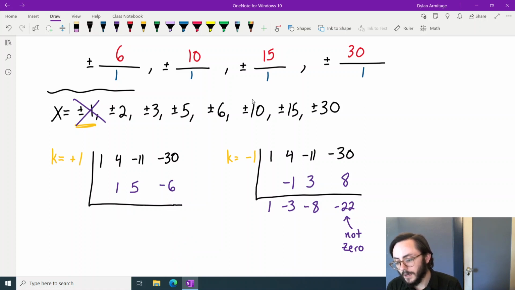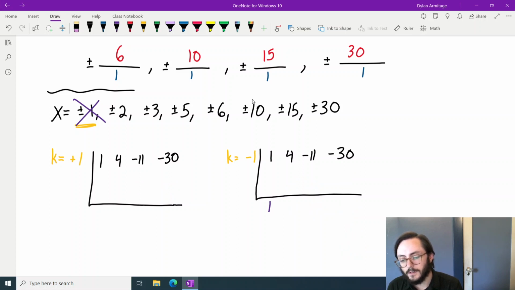Now, why are we doing this? Why are we testing all of these? Well, quite simply, we don't really know how to start factoring this.